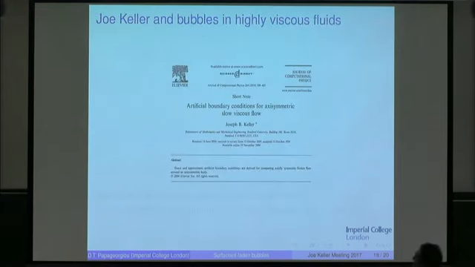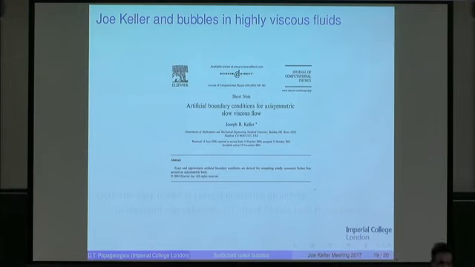So the paper I wanted to mention that Joe wrote on this, after we talked about these problems many times, he actually took all the theories he developed for artificial boundary conditions for the Helmholtz equation, and applied it to Stokes flow, to slow viscous flow.